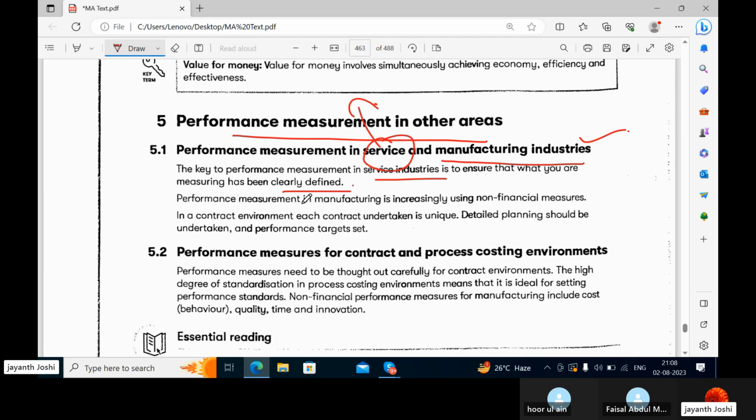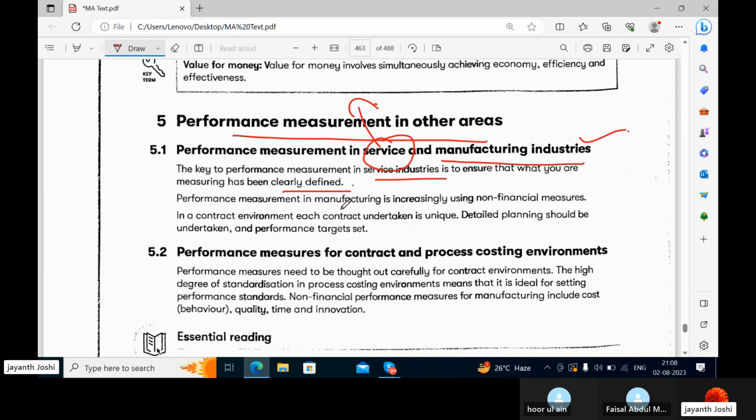It is very tough in service industries to clearly define that, because service industries are not for profit motives, they are to give services.